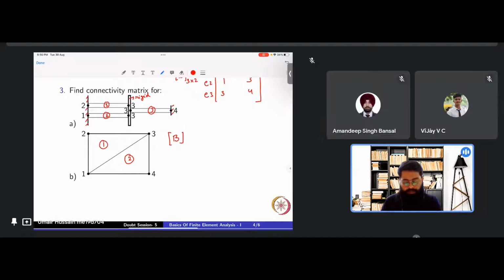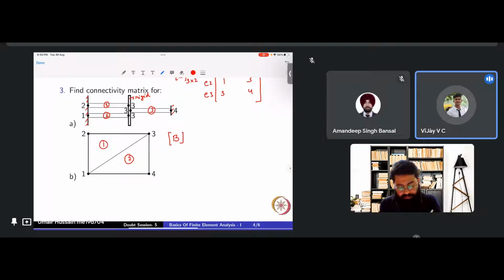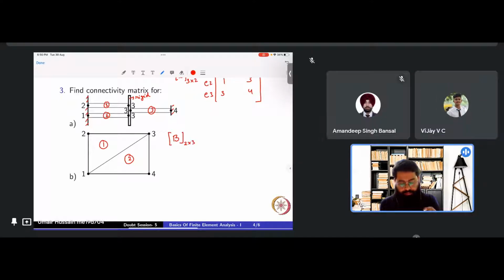Two rows and three columns, sir. Right, because we have three nodes for each element.